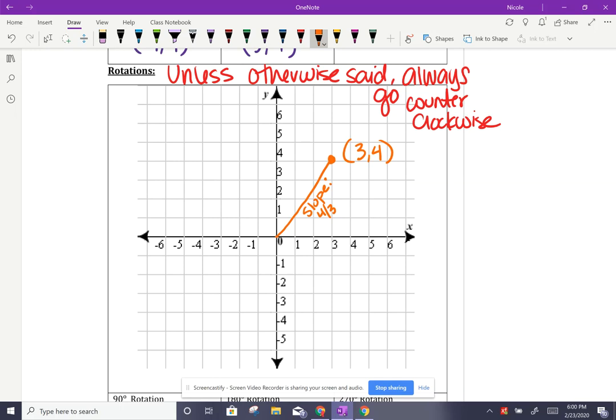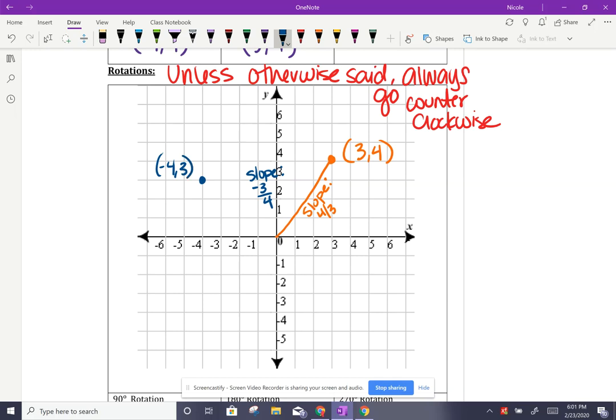So if I'm going to rotate from my point and go to the opposite reciprocal, I need to change my slope. So if my slope is originally 4 over 3, my new slope would need to be negative 3 over 4. And so from that origin, I'm going to go 1, 2, 3, 1, 2, 3, 4, and rotate to my new point, negative 4, 3.